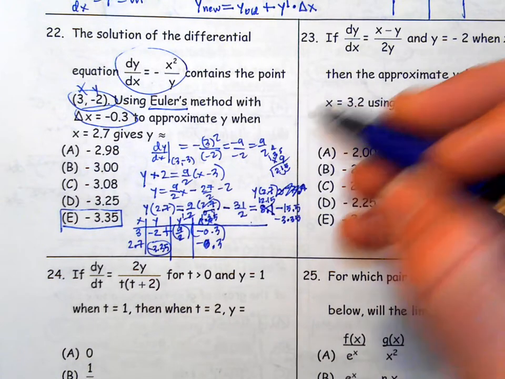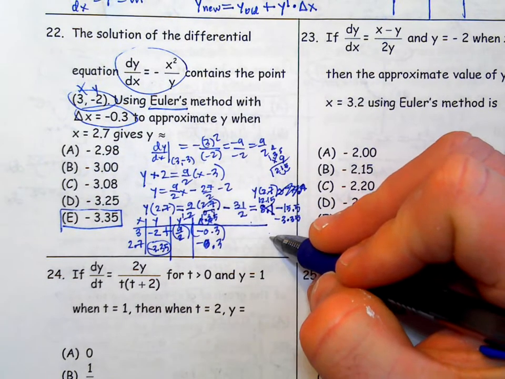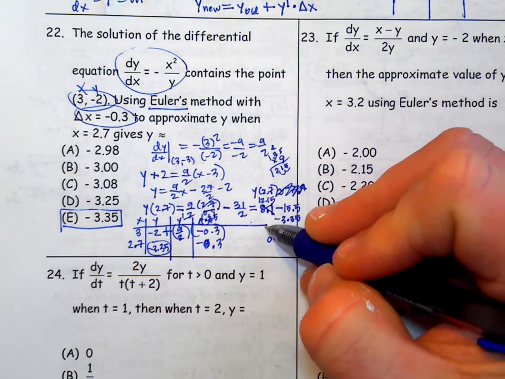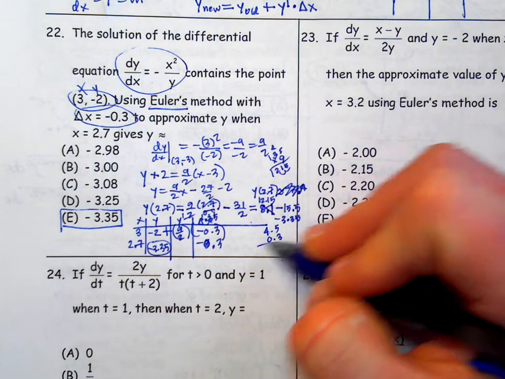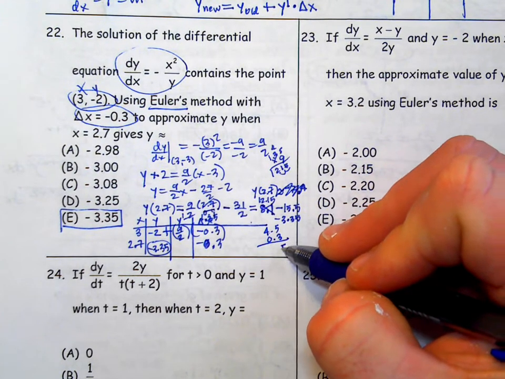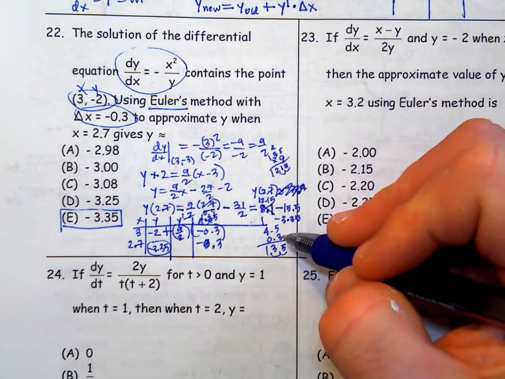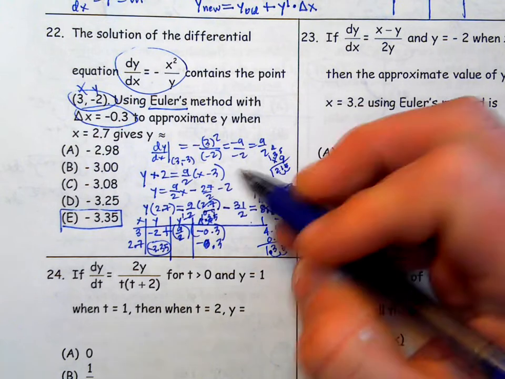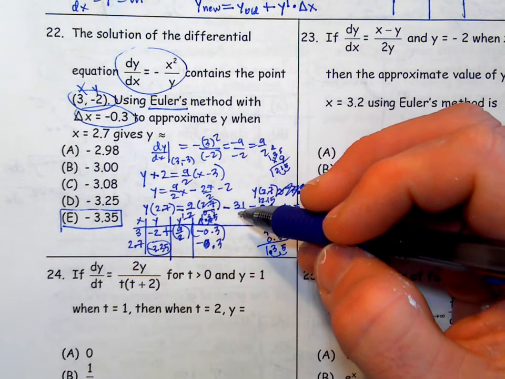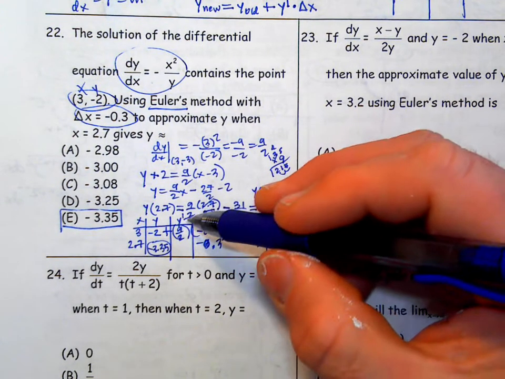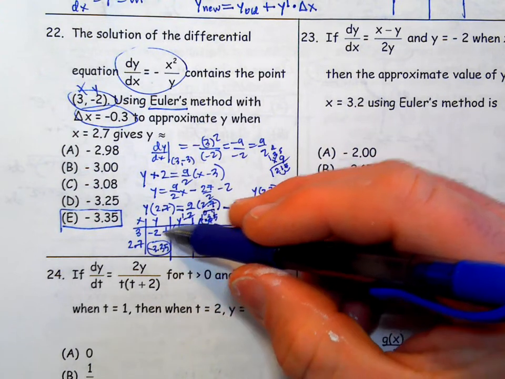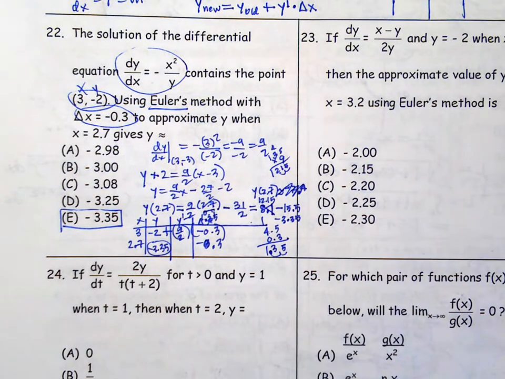I mean, you probably want to do the work. You do 0.3 times 4.5. 3 times 5 is 15. Carry the 1 to 12 is 13. So that's going to be negative 1.35. Subtract, and you're going to subtract that from 2, which is going to give you negative 3.35. So same thing. All right.